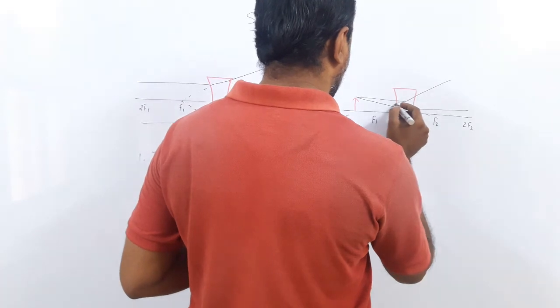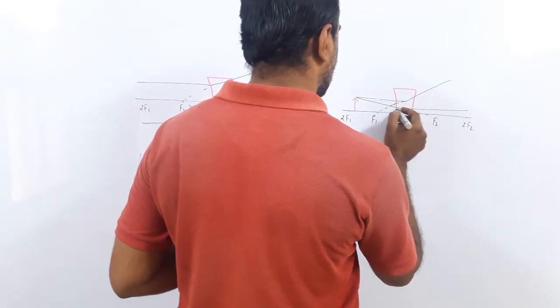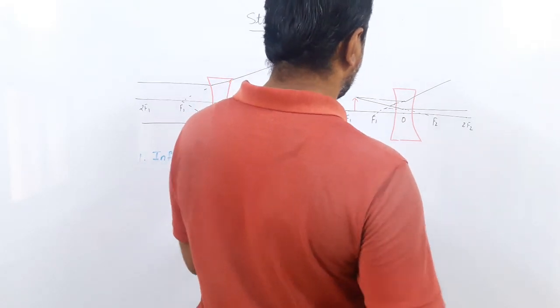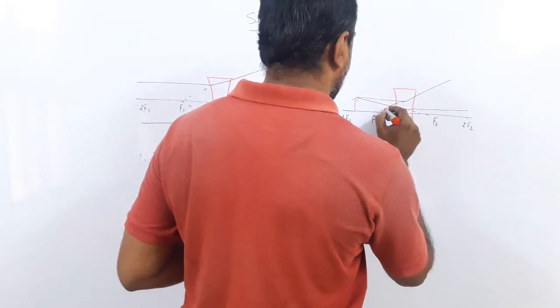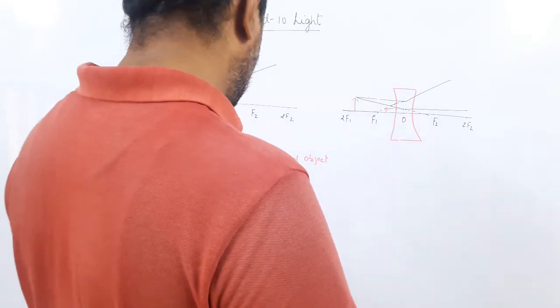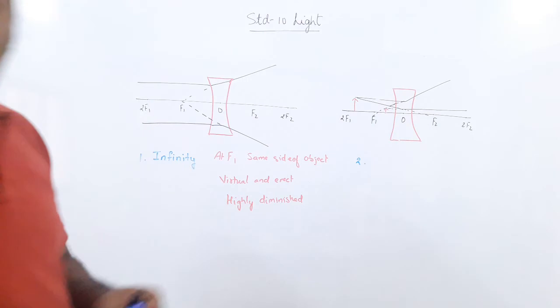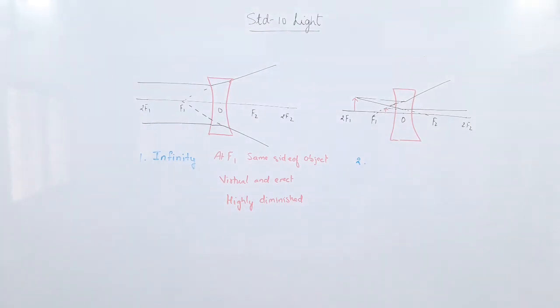So, if you trace them backwards, they both will meet at some point here. The first case what we have done, we have placed the object at infinity.